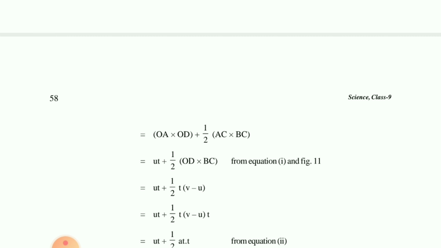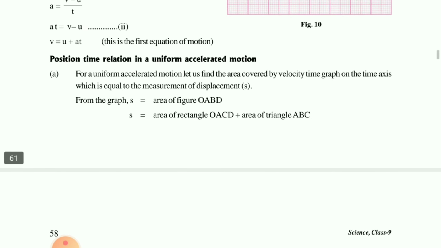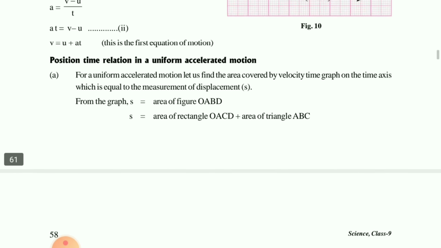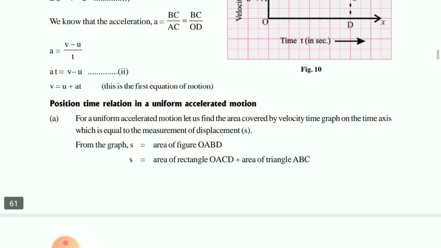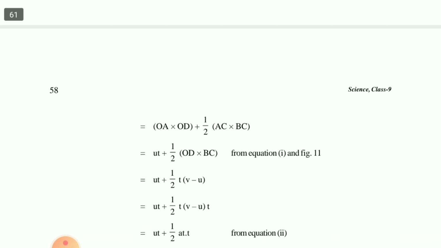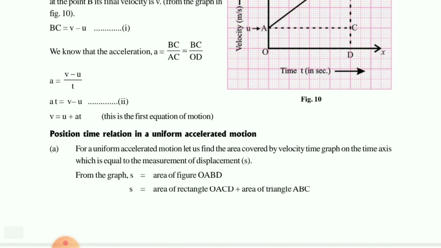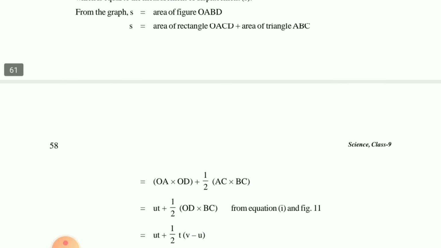As you people know, for rectangle we will take length into breadth, and for triangle we will take base into perpendicular, AC into BC. So children, we will do that one. Then see children, as you people know, OD is equal to AC. So wherever AC is written, in that place we can write OD.